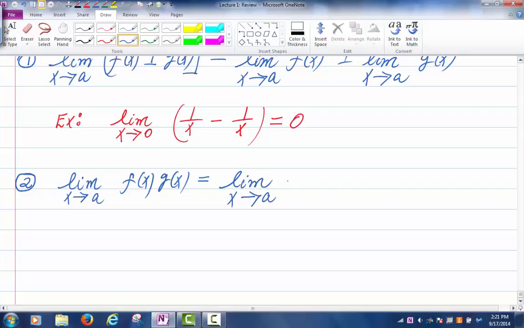So you take the limit of f times the limit of g. So basically, if you have a product of functions, you are allowed to take the limit one factor at a time and then multiply them. The limit of a product is the same as the product of the limits of the factors.